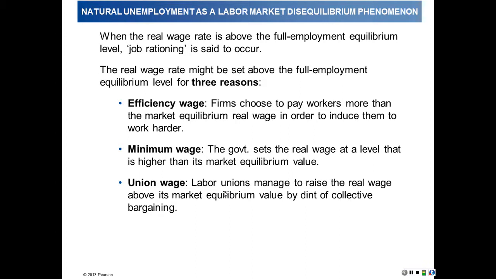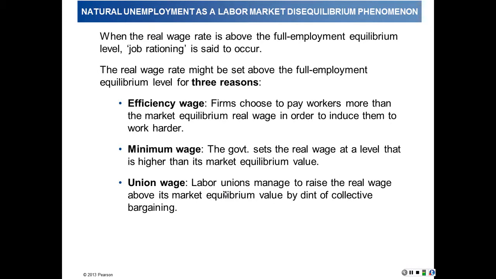The second reason is minimum wages. Now this is something the government sets. And the government may set the minimum wage at a level that is greater than the equilibrium real wage. Now what would motivate the government to do this, to set a higher minimum wage? Well, the government is going to be motivated by the welfare of workers.